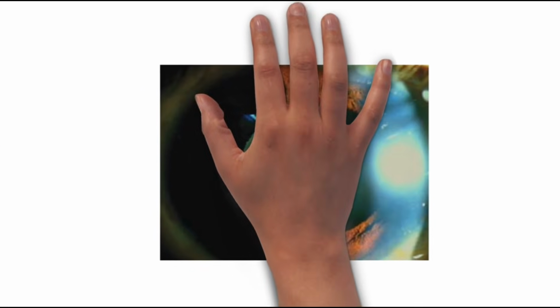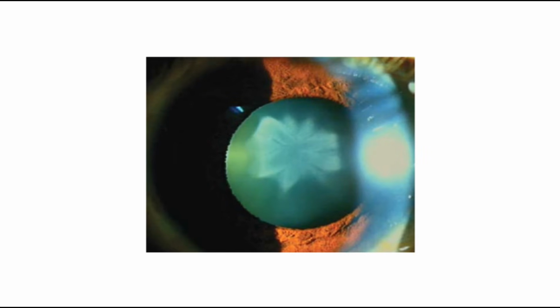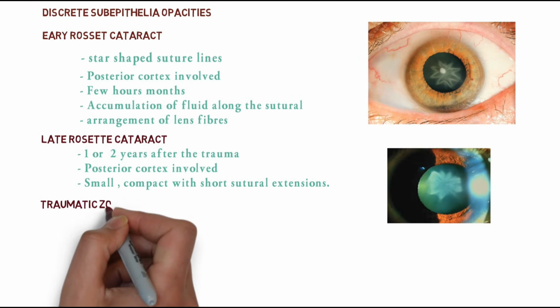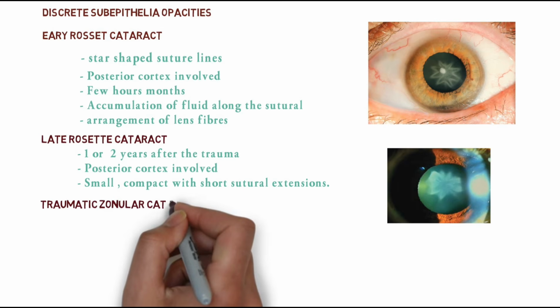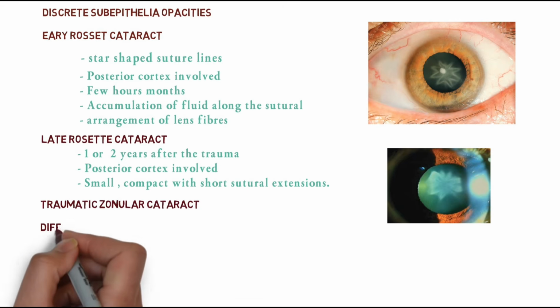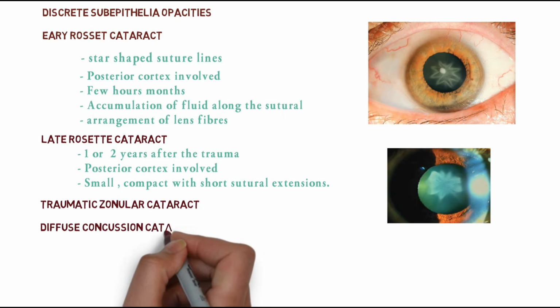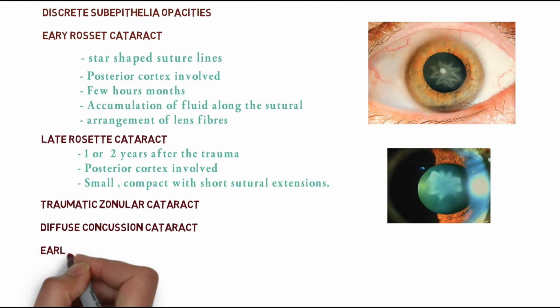Here we have the image of the late rosette cataract, with small, compact, short sutural extensions. It may cause traumatic zonular cataract, diffuse concussion cataract, or early maturation of senile cataract following the blunt trauma. So this is all the important detail about the cataract.